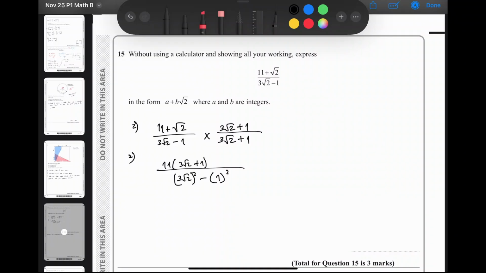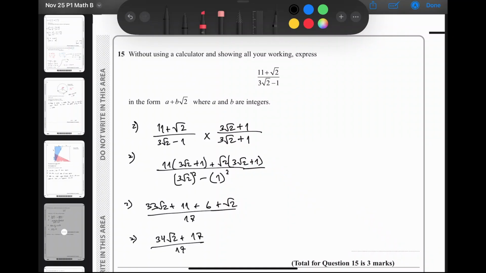Now we can simplify this and show it as the form we need. And our answer is 1 plus root over 2.